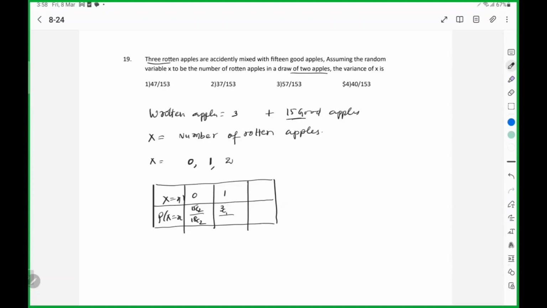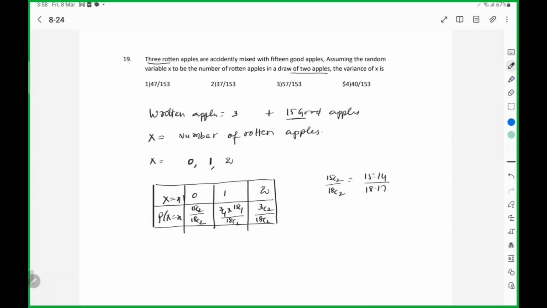So here how many apples are drawn? Two apples are drawn. So one of them is good, one of them is bad. That is 3C1 into 15C1 by 18C2. Here both apples are rotten, 3C2 by 18C2. For none rotten, 15C2 by 18C2.